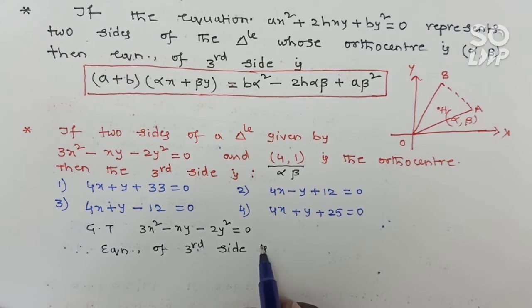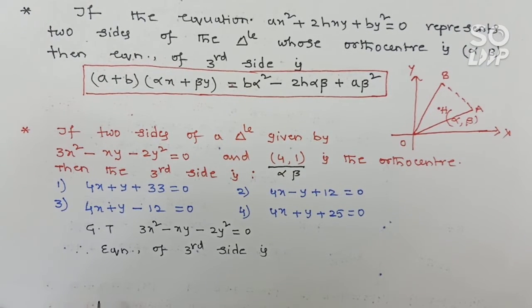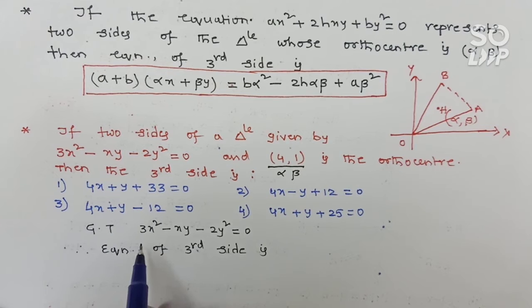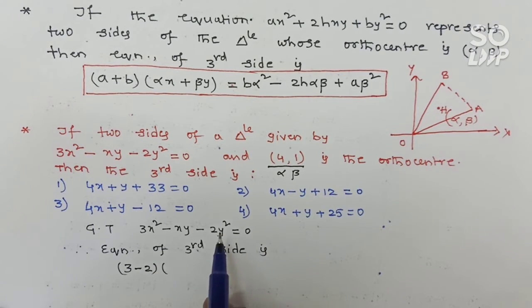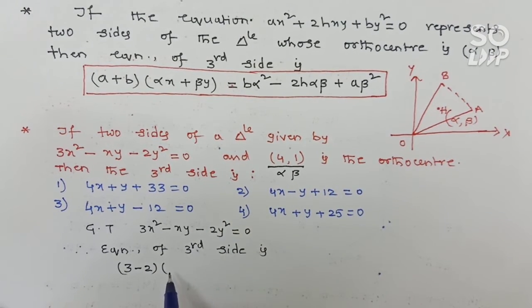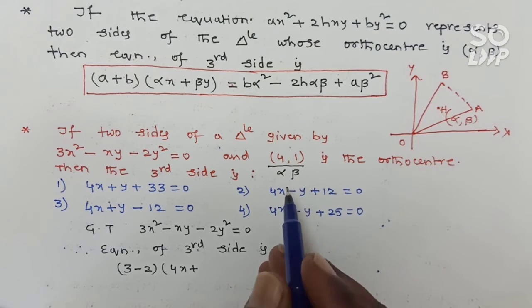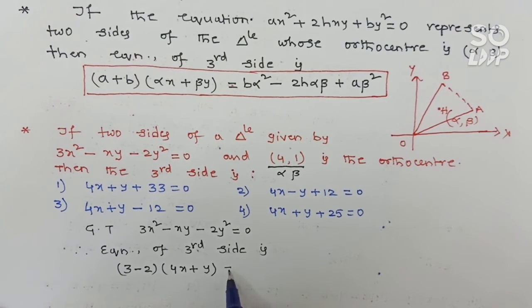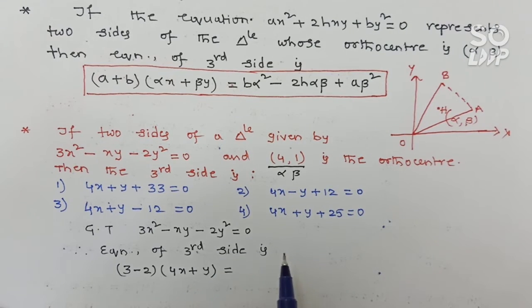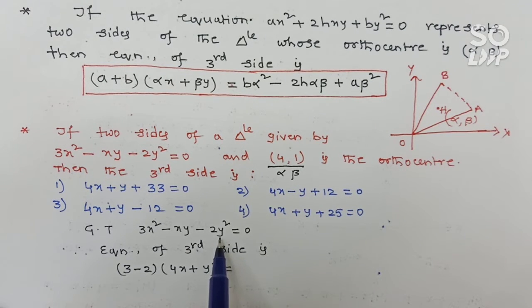is, by the above formula, a plus b, that is 3 minus 2, into alpha x plus beta y. So alpha is 4, so 4 into x plus beta into y, that is 1 into y, is equal to b into alpha square.